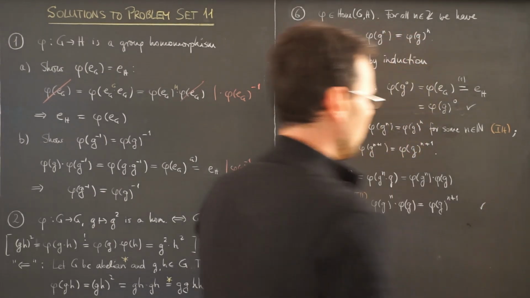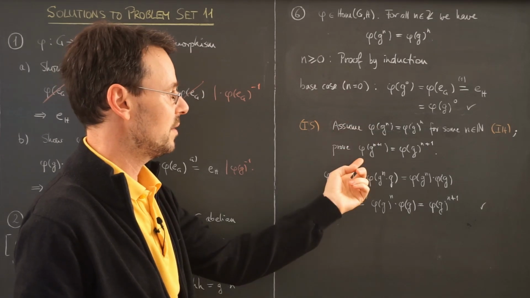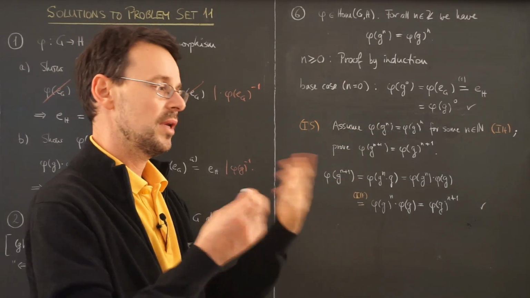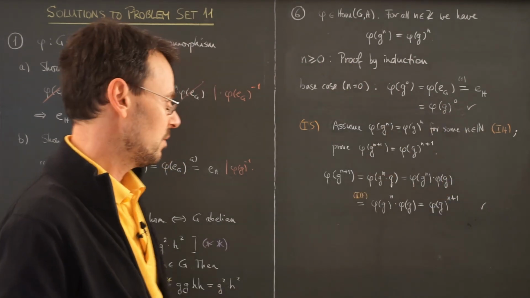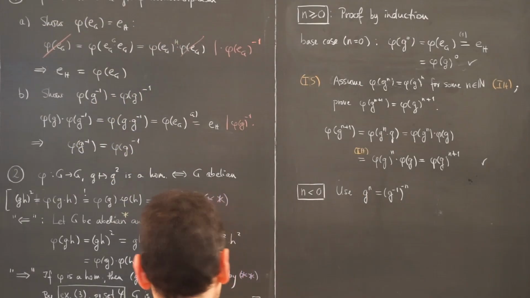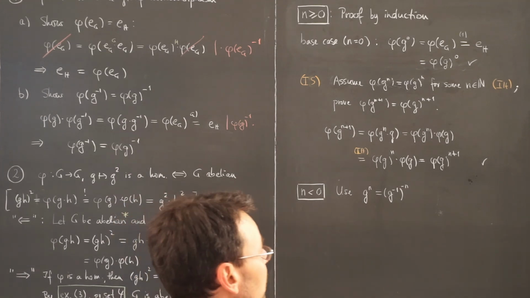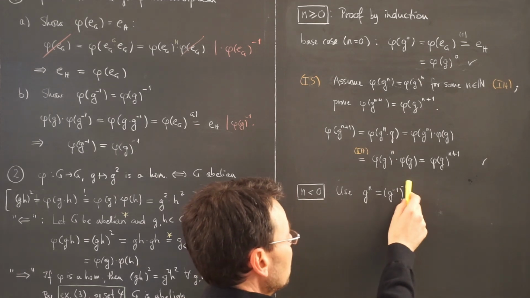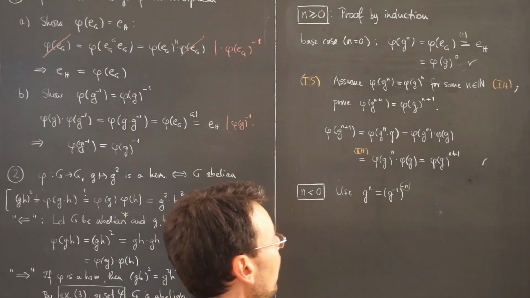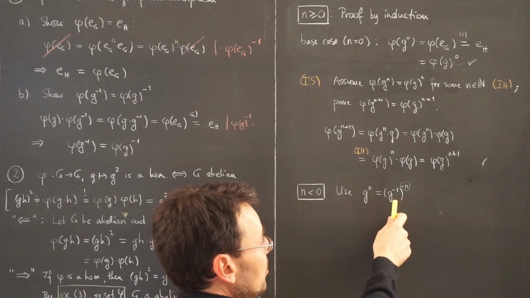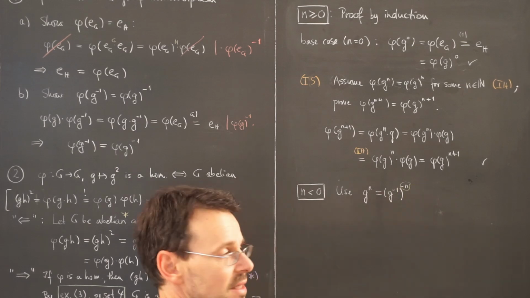So by mathematical induction, it follows because it's true for 0, then by this step it's true for 1. But if it's true for 1, by this step it's true for 2, and so on up to infinity.